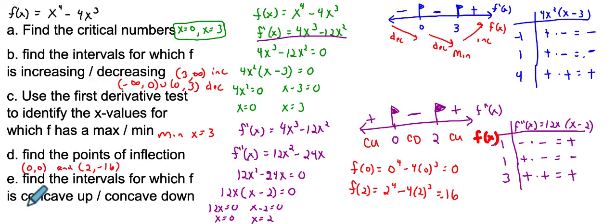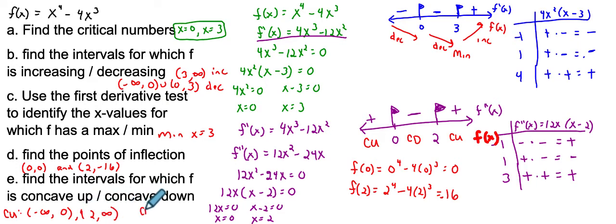Now to find my intervals in which the function is concave up and concave down, I just go back to this new sign chart for the second derivative. I know it's concave up on this piece, so my function is concave up from negative infinity all the way up to 0. But it's also concave up in this interval here, so also from 2 to infinity.